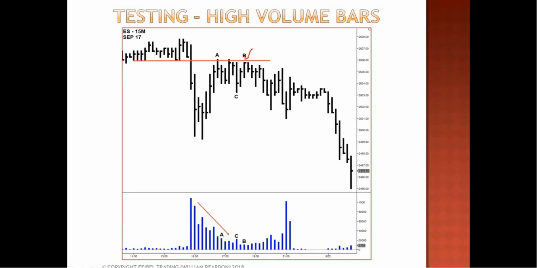Now, what do I mean by context at resistance? Well, there is more to this chart. What do we note here? Every approach to resistance, volume has declined. Therefore, demand is diminishing. These are all up bars testing this level, and on each approach, volume is declining.